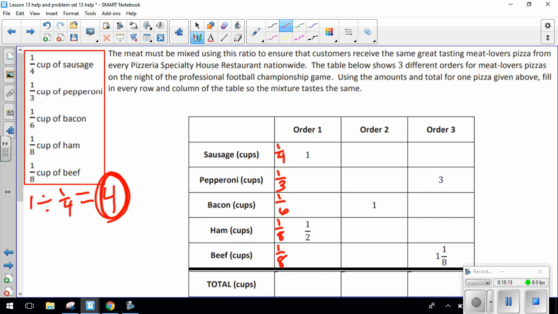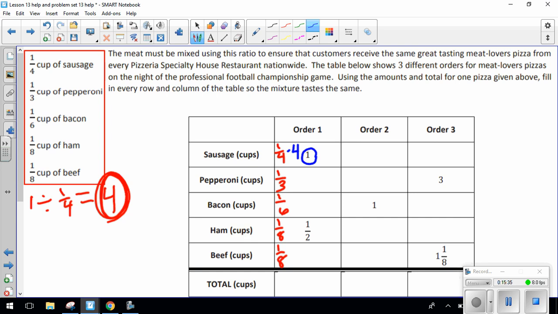So what I'm going to do is take all of these numbers in red and times them by 4 to get the amount of meat I need for order number 1. So I'm going to times 1/4 by 4. So if you take 1/4 and times it by 4, I promise you, you're going to get 1.